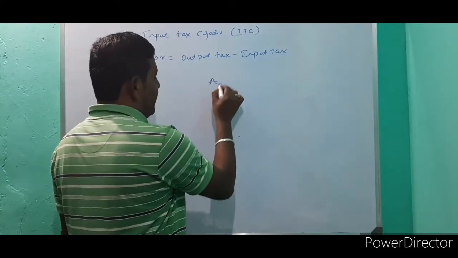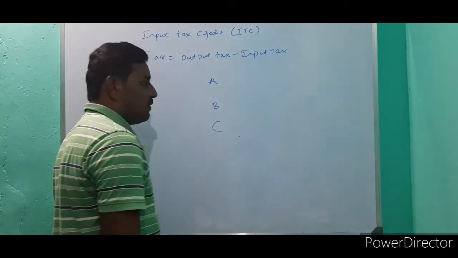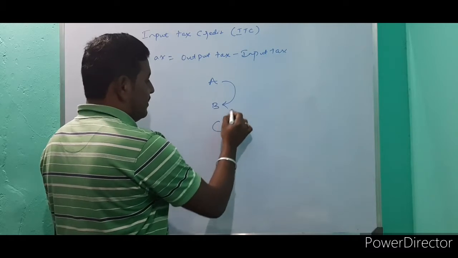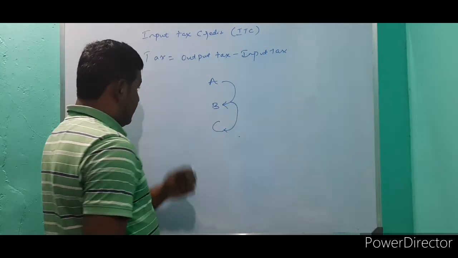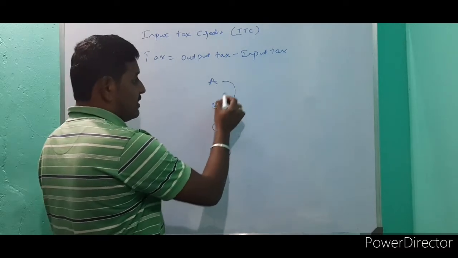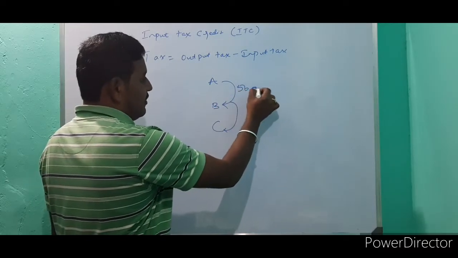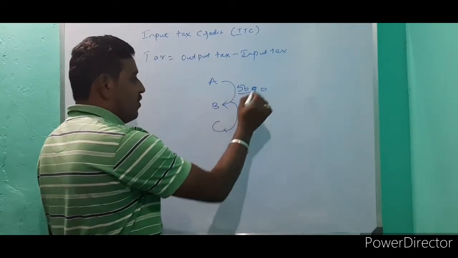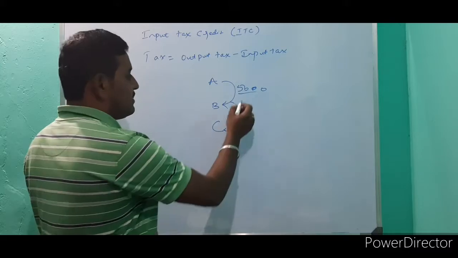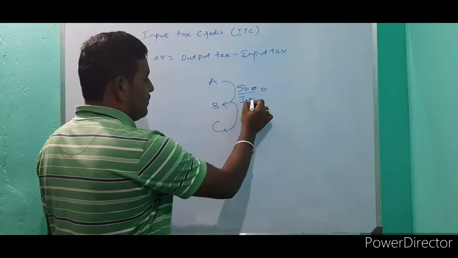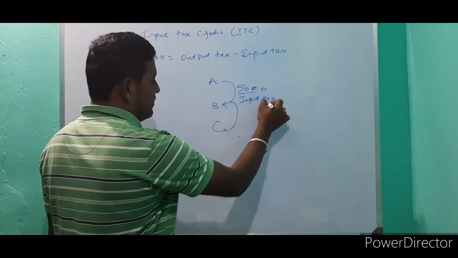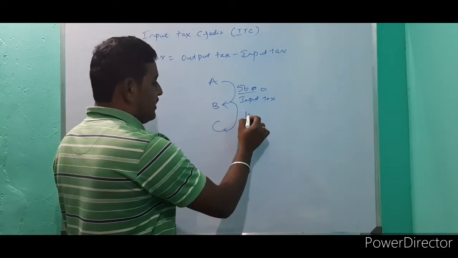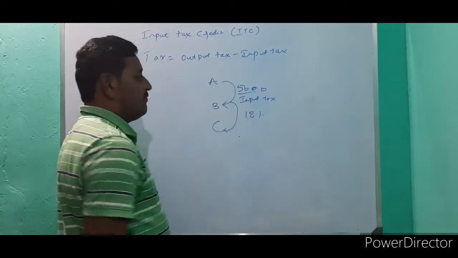Suppose A, B, C are three dealers. A is selling goods to B and B is selling goods to C. Suppose the goods are approximately 5,000, including all the tax. This is called the input tax of B. Suppose B sells with tax at 18% of the goods.